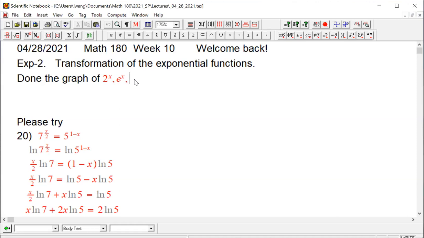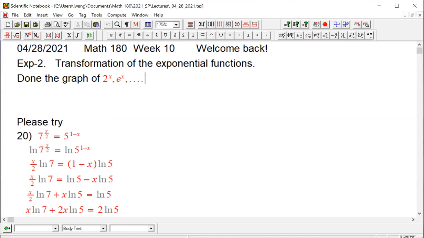We've done those, and you can keep going: 3 to the power x, 10 to the power x, and so on and so forth. So let's look at the shifting, reflection, and so on and so forth.